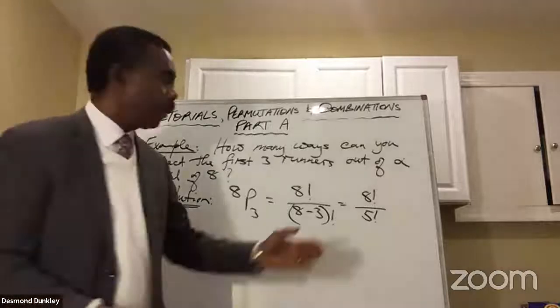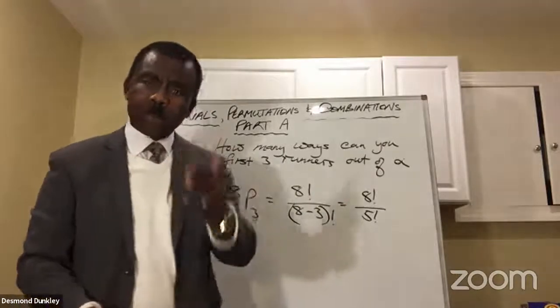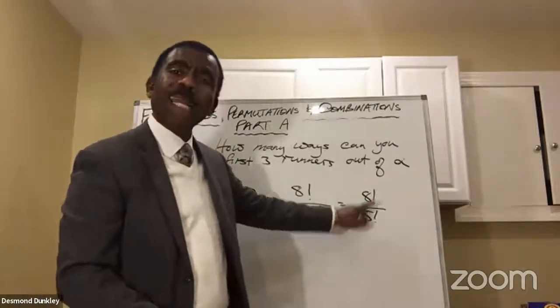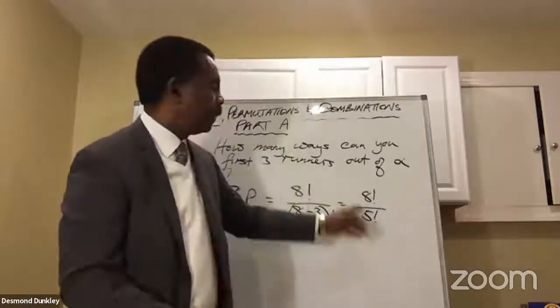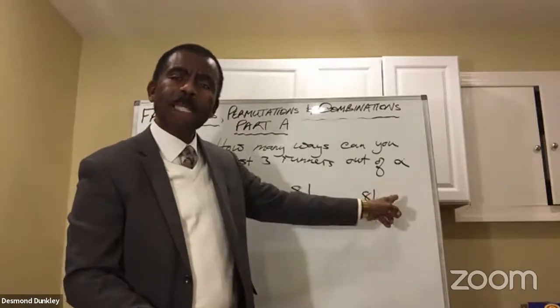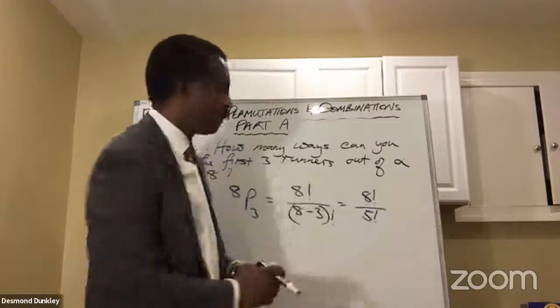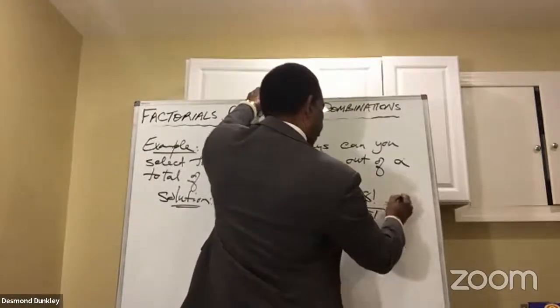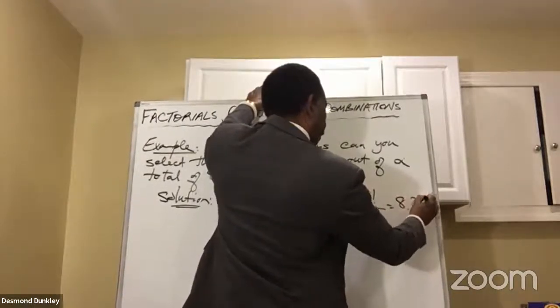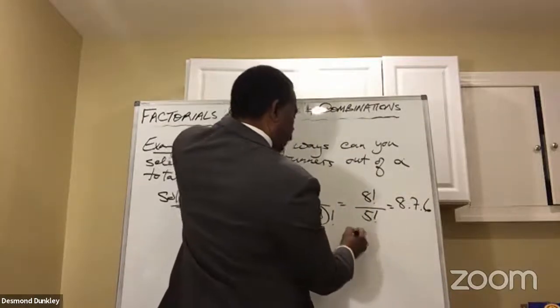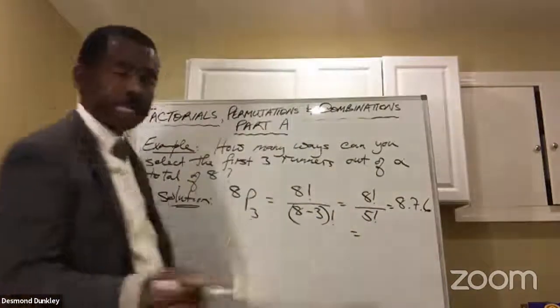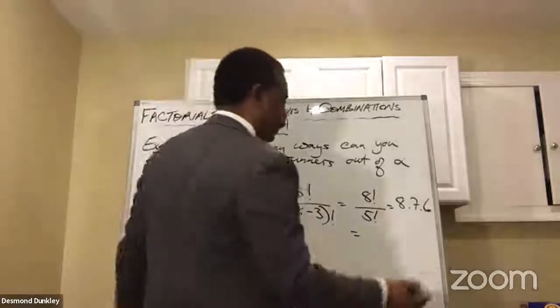So that's equal to 8 factorial over 8 minus 3, which is 5 factorial. Remember we talked about how to simplify factorials. This 5 factorial cancels the last 5. So therefore it's 8 times 7 times 6, which is equal to 8 sevens 56, and 56 times 6.